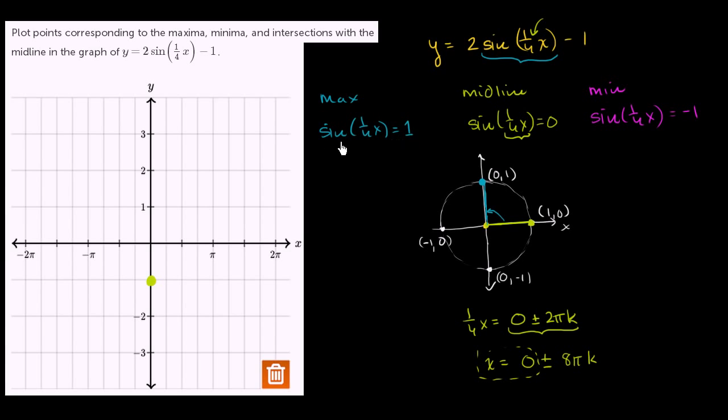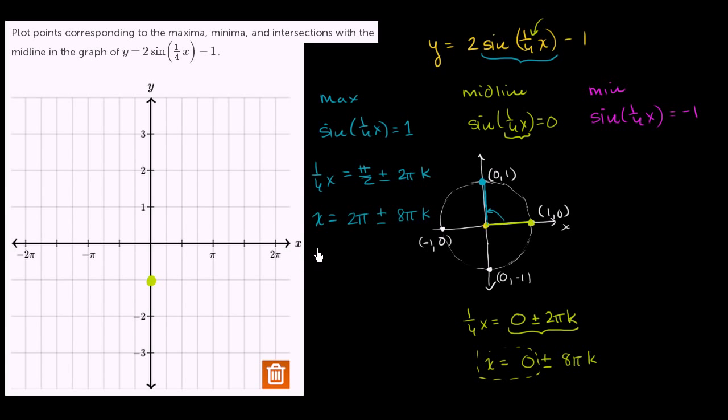So this is going to hit a maximum whenever what we input into the function is equal to pi over 2 plus or minus some integer multiple of 2 pi. Well, once again, multiply both sides by 4. You get x is equal to pi over 2 times 4 is 2 pi plus or minus 8 pi k.